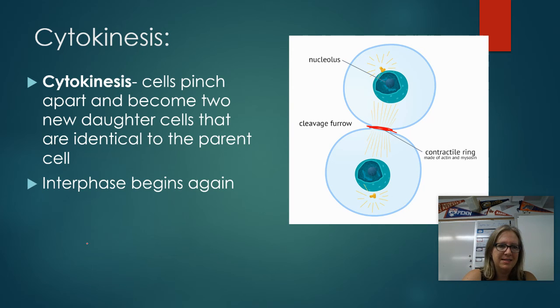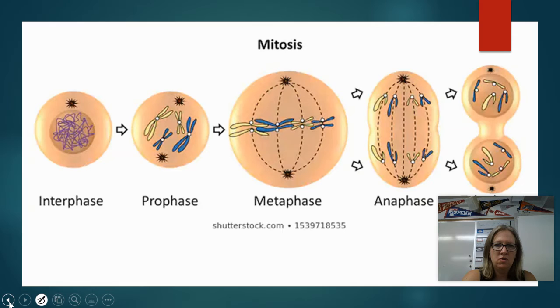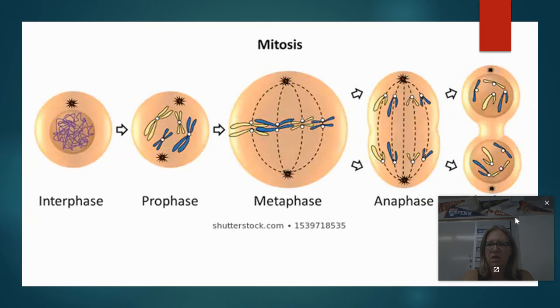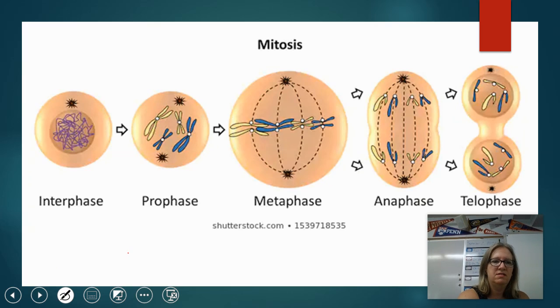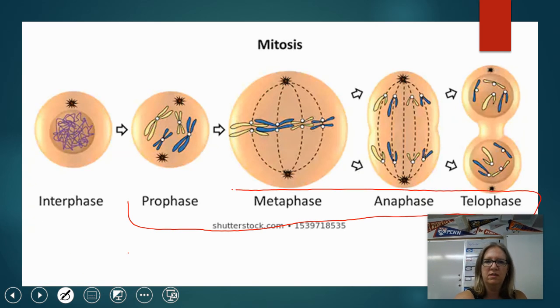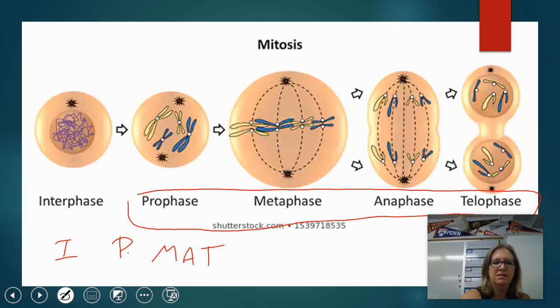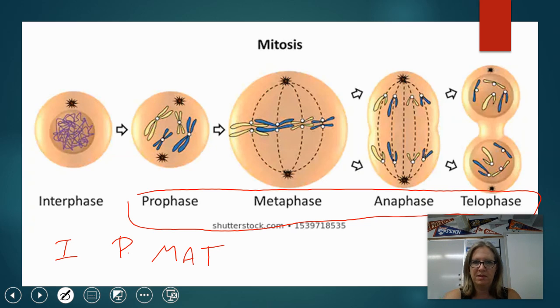All right, let's go back to this slide here, just so you can see some additional pictures of those steps, okay? Again, interphase was the copying and the growing. And then mitosis itself is these four steps in the middle. If you remember the saying, I-P-mat, I don't really know what that means, but anyway, if you say that to yourself, you can keep these in order, okay?